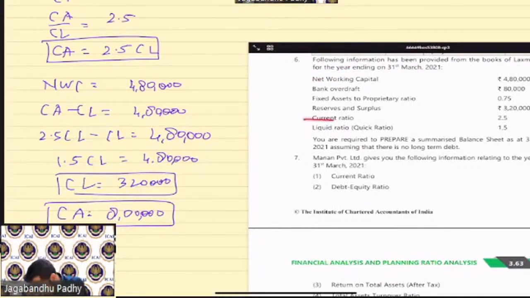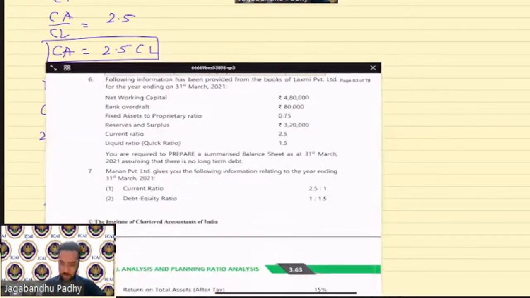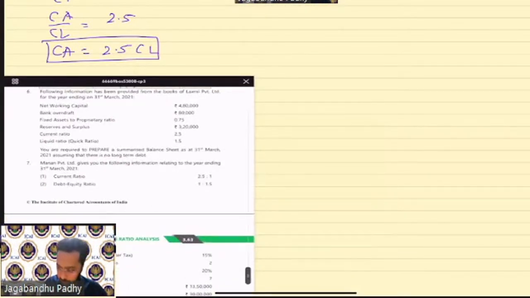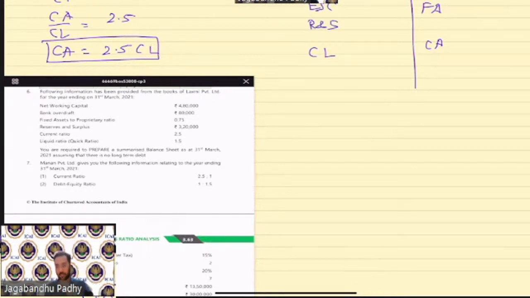Current ratio is used up. Now fixed asset to proprietary, and then reserves and surplus, and bank OD is there. Okay, let me prepare the balance sheet first, and then we'll think of filling up the things. From this we have fixed asset, current asset, current liability, equity share capital, and reserves and surplus.